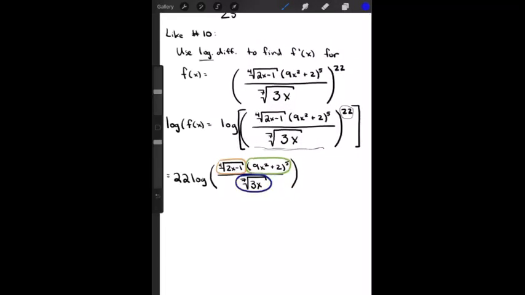Finding all of the factors of the numerator and the denominator, giving each of them their own logarithm, and making it subtraction if it was in the denominator and addition if it was in the numerator.